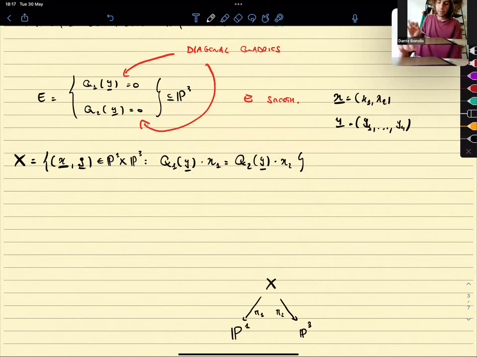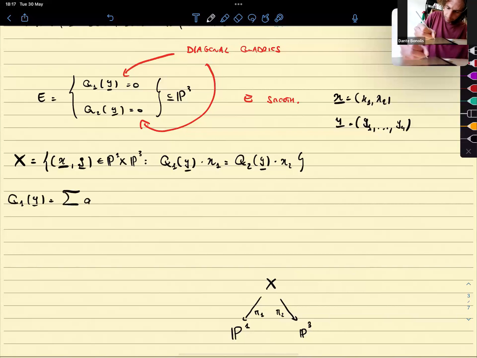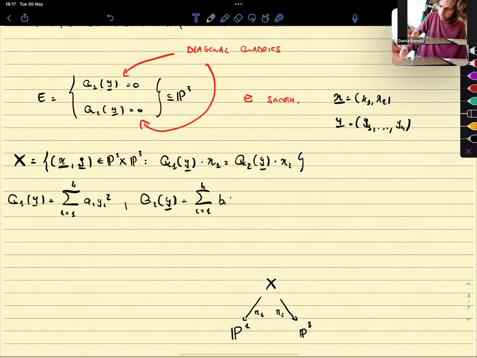Actually we can rewrite the equation defining X in the following way. If we write the quadric as the sum of a_i y_i squared from 1 to 4, they need to be diagonal, then we can rewrite X. Basically, we can pair the coefficient of y1 and the coefficients of y2, y3, and y4, and so we can rewrite it in the following way.